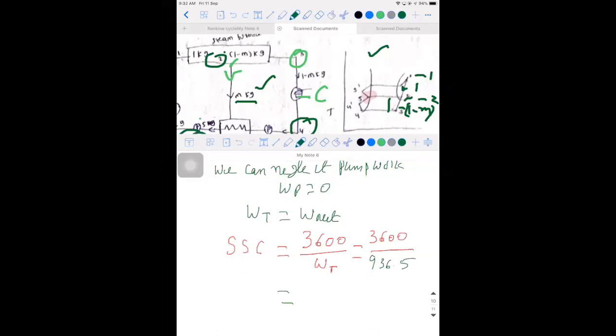So many kg per kilowatt hour. 3.844 approximately.